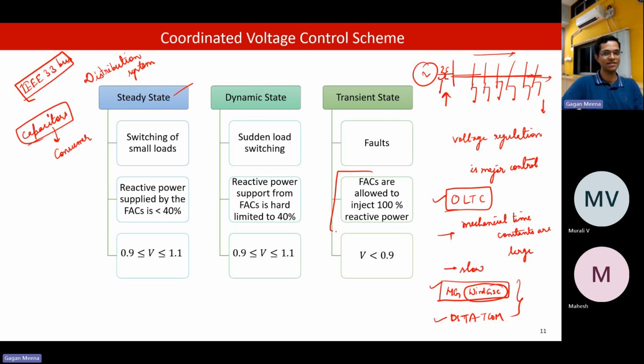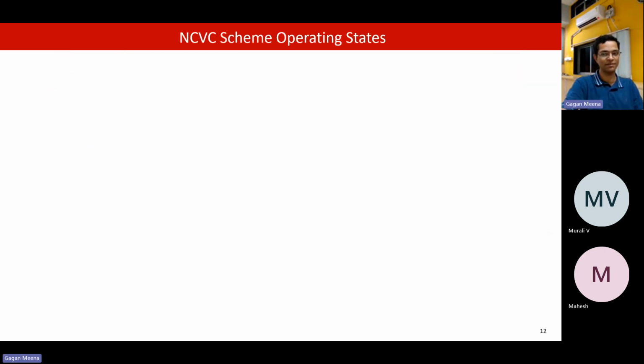In that case, these fast acting devices are allowed to inject 100% reactive power, because voltage is very low and we want the voltage to come up to the nominal value as quickly as possible. That can be done by injecting reactive power.